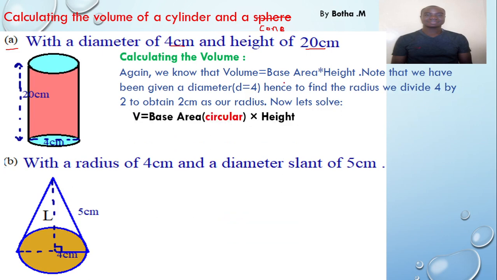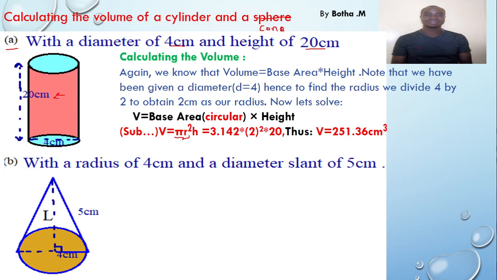Now let's solve. The volume of a cylinder is given by the base area multiplied by the height. In this case, our base area is a circle, so we calculate the area of a circle, then multiply by the height of this cylinder. So V is equal to pi r squared h, where pi r squared is the area of this circular bottom part, and the height h is 20 centimeters.